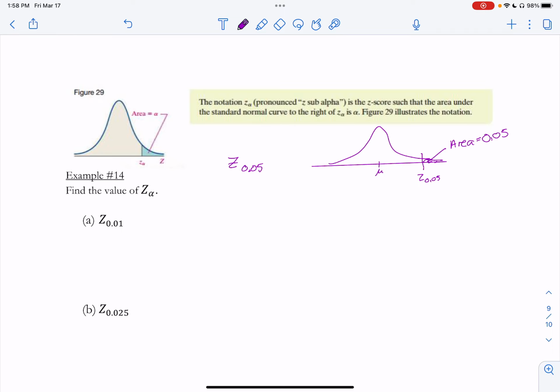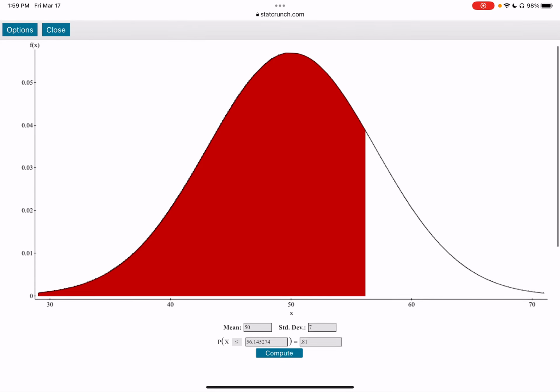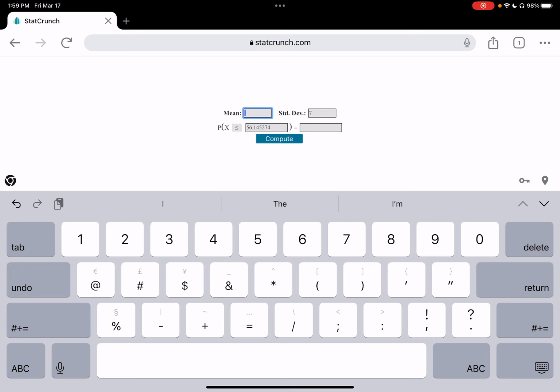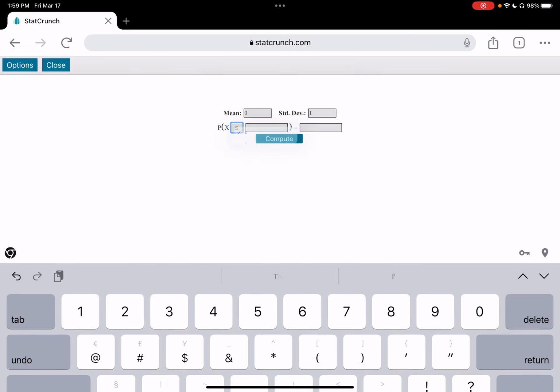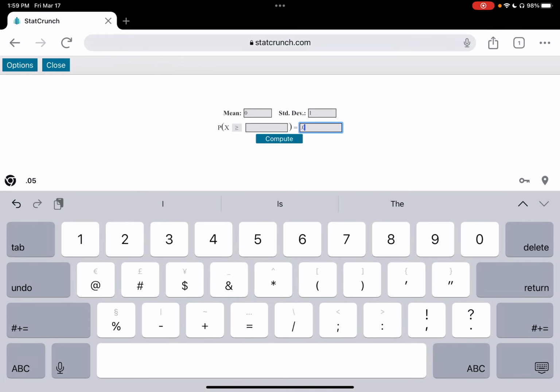Not too hard to find, right? If we go back to StatCrunch, again, we love StatCrunch, we're going to go back to the standard normal distribution, with a mean of 0, right in the middle, and a standard deviation of 1. This time I'm going to delete this off. I want the greater than because I want that right tail, and I want that to be 0.05.